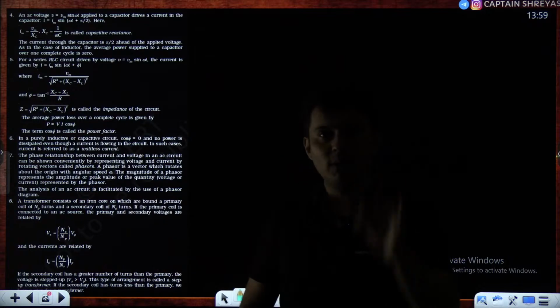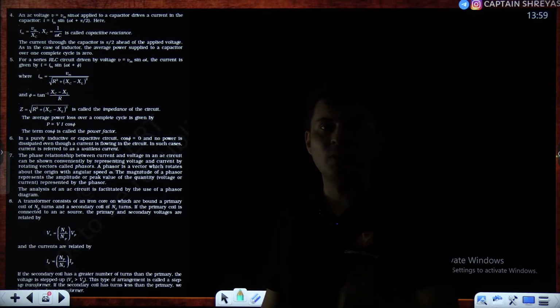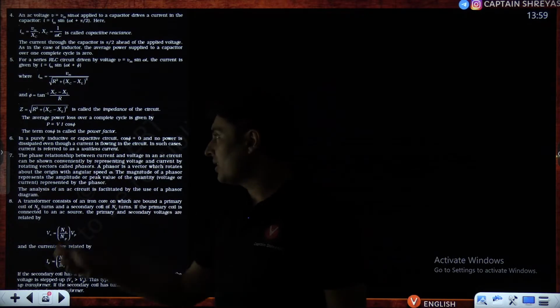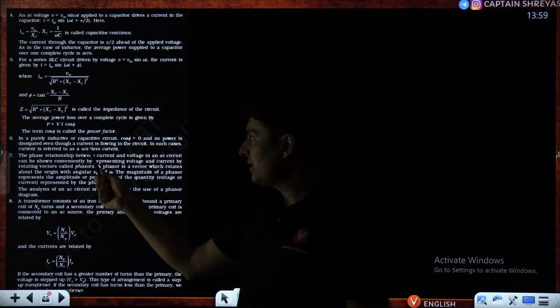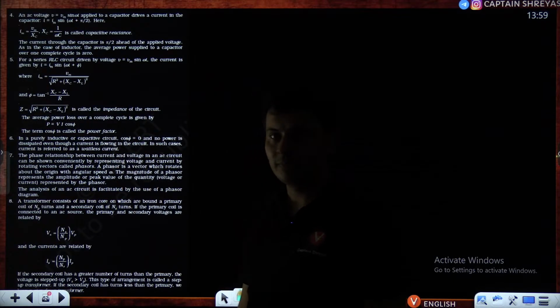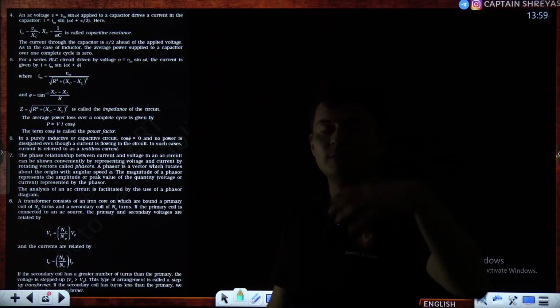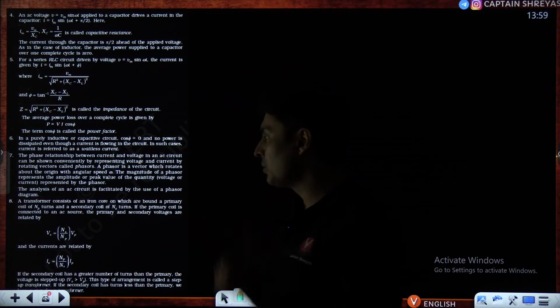When you write power, power is voltage into current into cos. You can't just write voltage into current because there is some phase difference. You have to put that cos. That cos is called the power factor. In resonance, the power factor is 1 and power lost and energy consumed or current is all maximum in nature. That is called resonance.